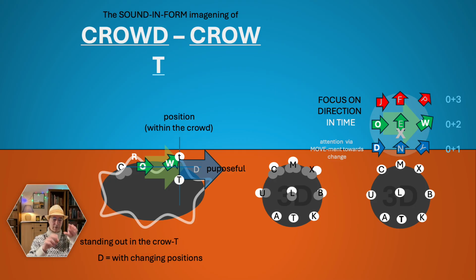In other words, with the crowd, you have this position where you start from, maybe even a certain individual in the crowd, where it stands out in the crowd with the T as well. You have a certain position where you focus upon, but the focus is the full crowd itself with its changing positions and changing options, all within that crowd.